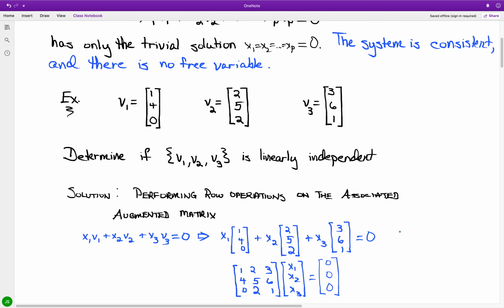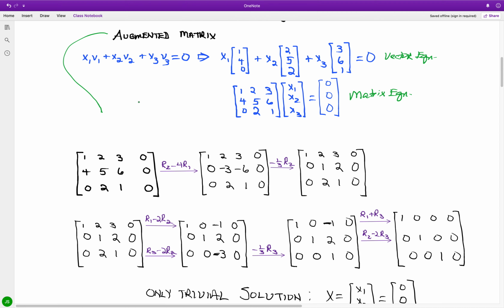This portion is the vector equation, and then we have the matrix equation and perform row operations on the associated augmented matrix.